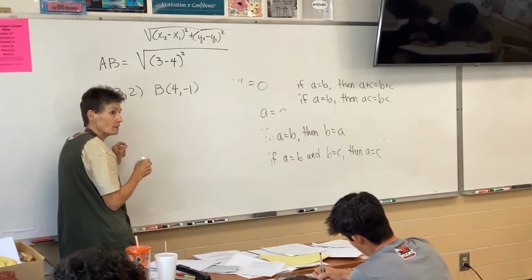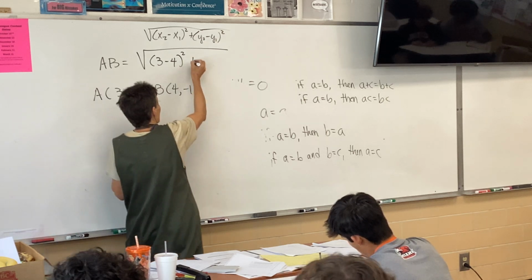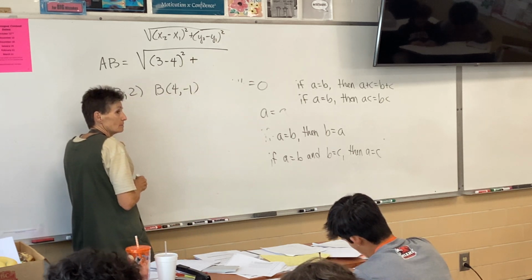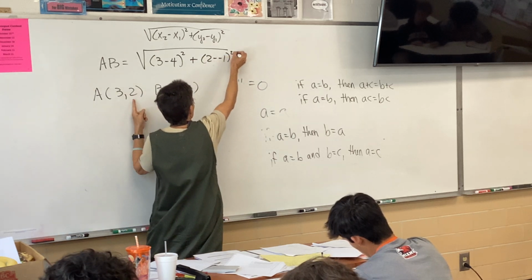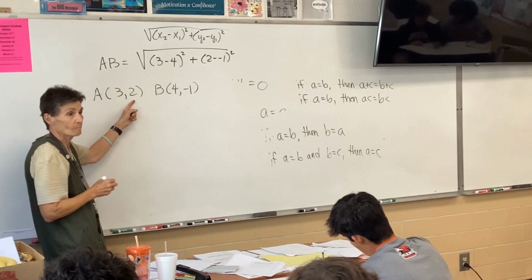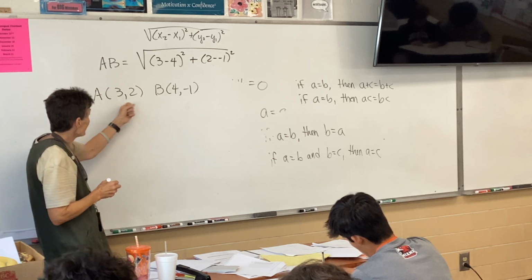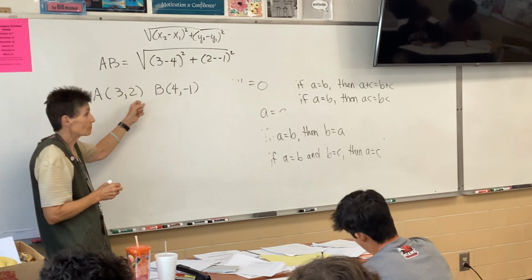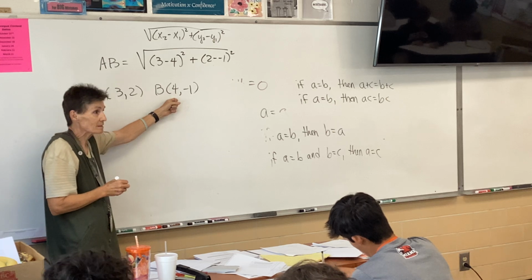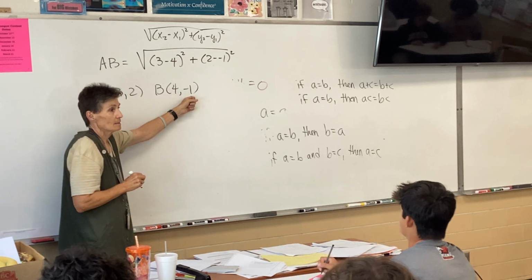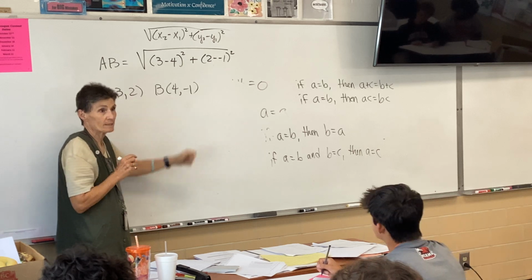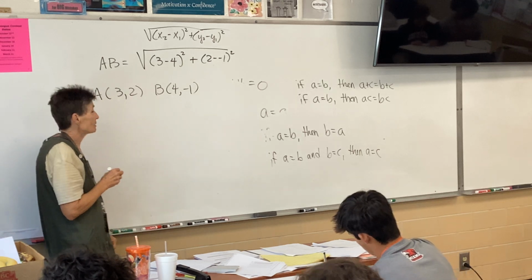Now you remembering? And then we add y minus y. So here are my x's. Subtract them and square it. Here are my y's, subtract them and square it. Add those two together and take the square root.